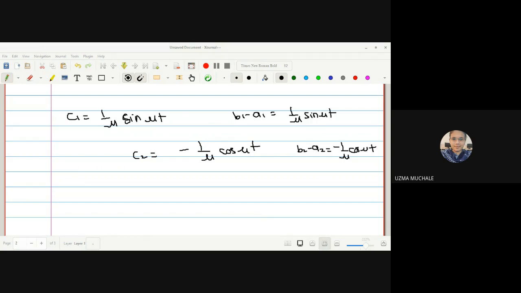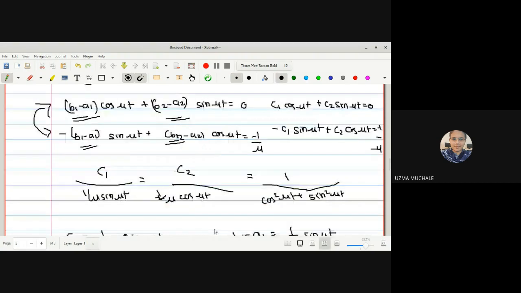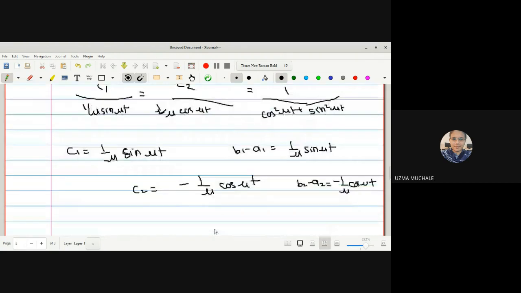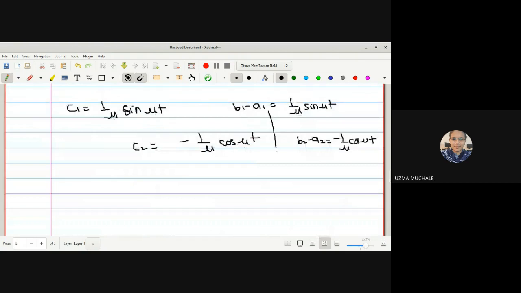The value of a1 we have already calculated from equation number 3: a1 is 0. So from that we can write the value of b1 as 1 upon mu sin mu t.